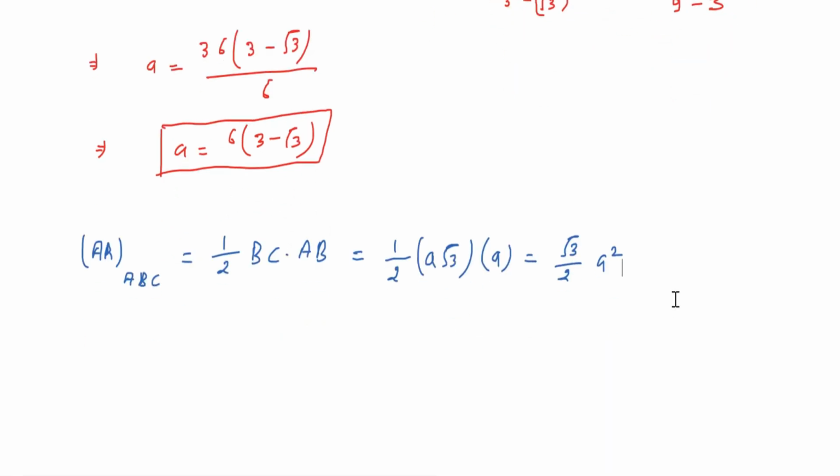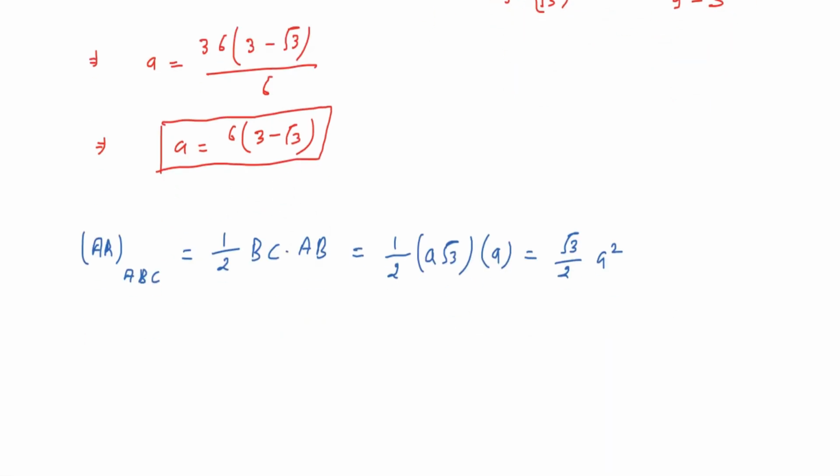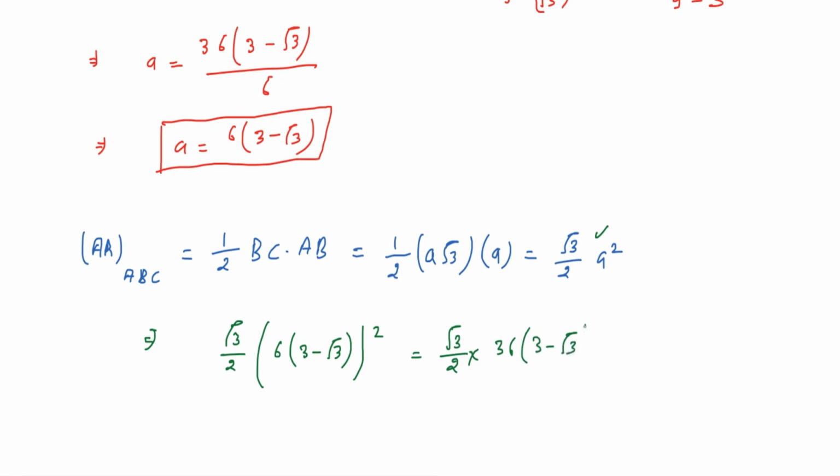So from here we can write square root of 3 divided by 2, and if you put the value of a in place of a square, it can be written as 6 times 3 minus square root of 3 raised to 2. So if we simplify this, we will have square root of 3 divided by 2, and square of 6 will become 36. Further we will have 3 minus square root of 3 raised to 2.